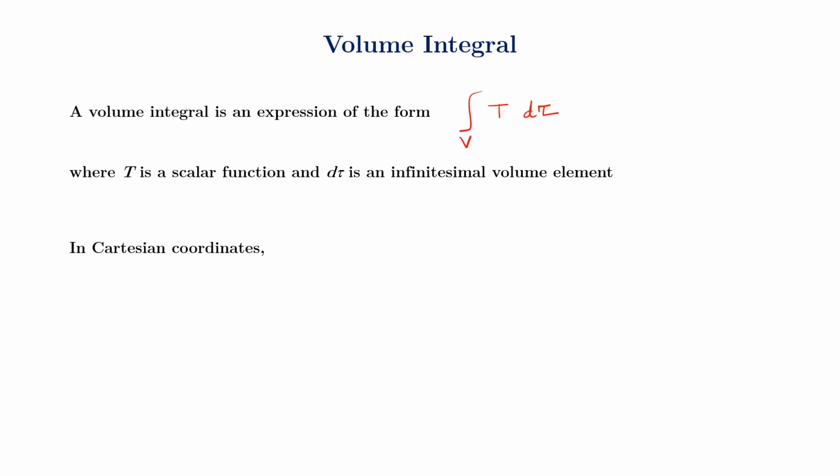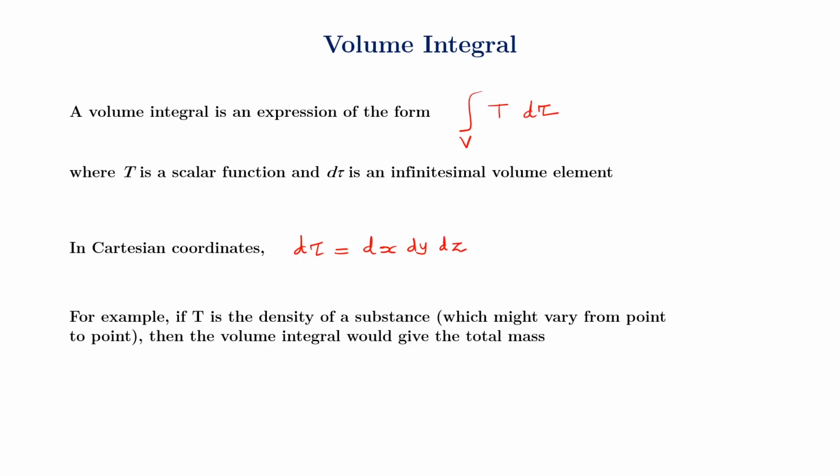In Cartesian coordinates, d tau may be written as d tau equal to dx, dy and dz. For example, if T is the density of a substance, which might vary from point to point, then the volume integral would give the total mass.